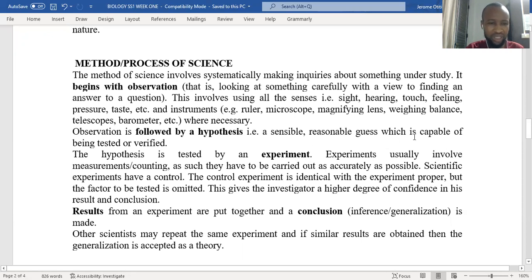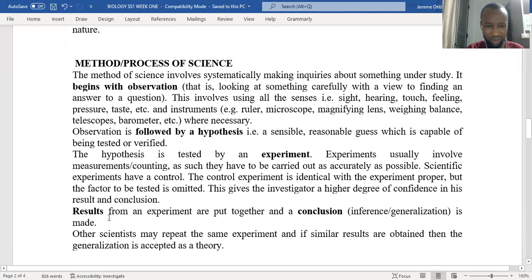An experiment usually involves making measurements and counting. It can be carried out in the laboratory or in the field. We also have what we call a control experiment, which is identical to the real experiment, to validate the real result of the experiment we are doing.